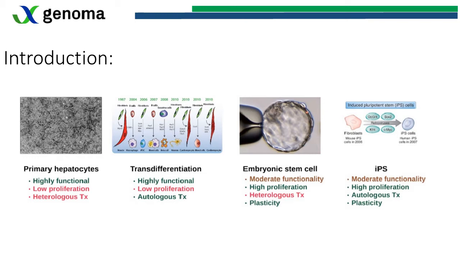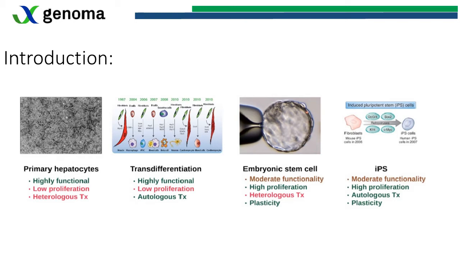This protocol could generate autologous transplantation, but as I mentioned before, the liver is the largest internal organ of the body, so we need a lot of cells to generate a very important liver function to meet the needs of patients with chronic liver disease.